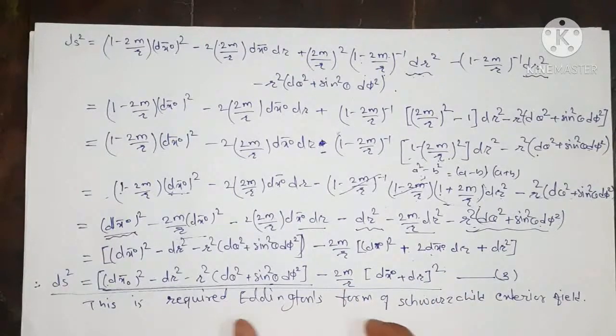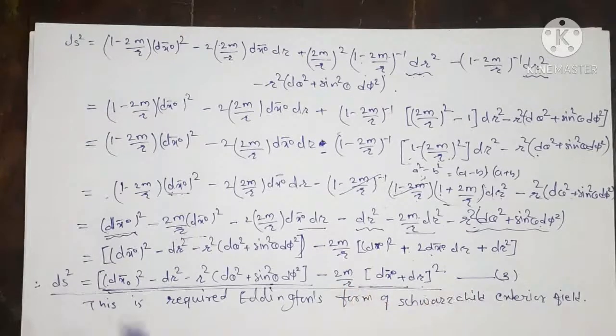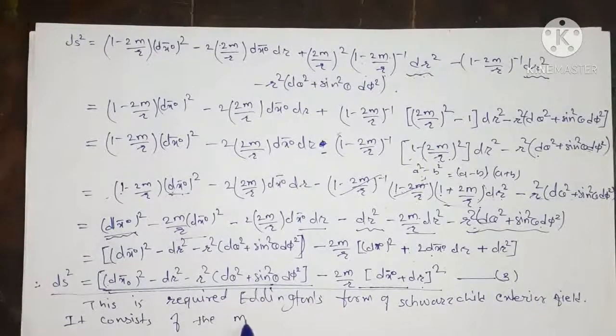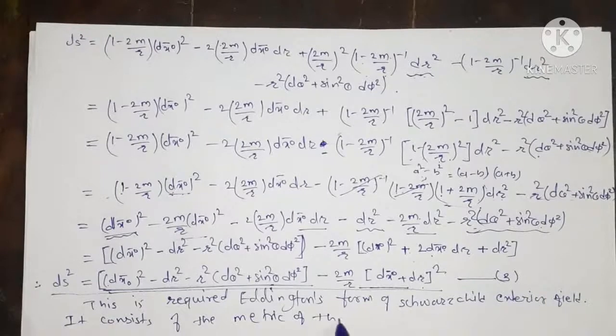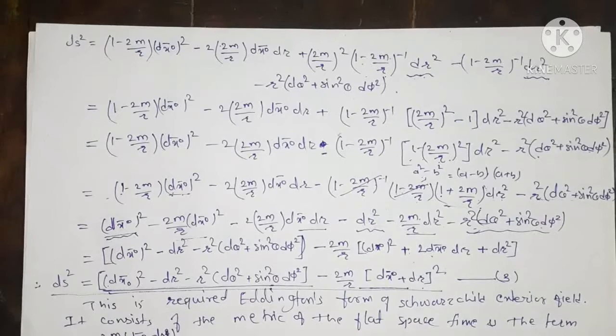So the Eddington form of the Schwarzschild exterior field consists of the metric of the flat space-time and the term minus twice m upon r into (dx0 bar plus dr) whole bracket square.